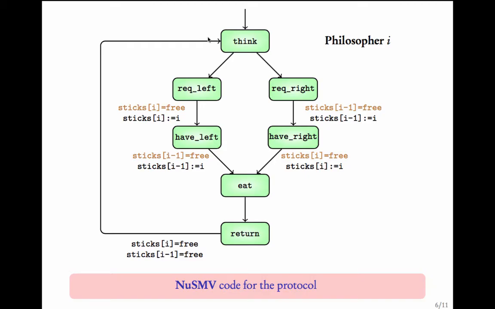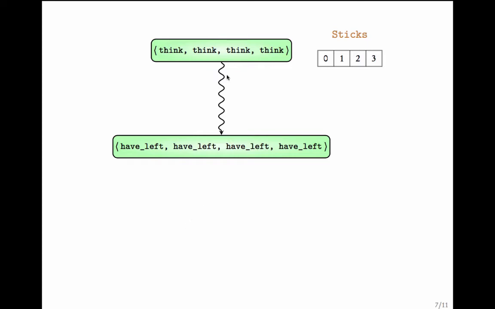From the return state, he has to go back to think. In the process, he sets both the sticks to be free. The problem with this protocol was it could lead to a deadlock scenario where all of them are having the left stick and waiting for the right stick forever.